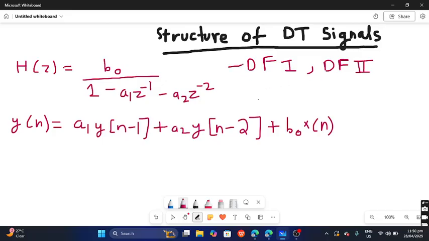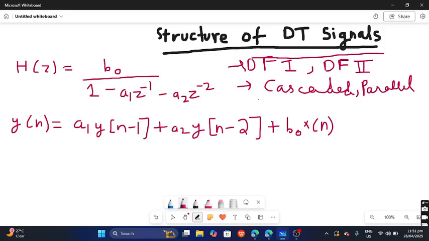These are the first two structures we will study, and the next ones are cascaded and another one is called parallel. So our main concern today will be on these two.